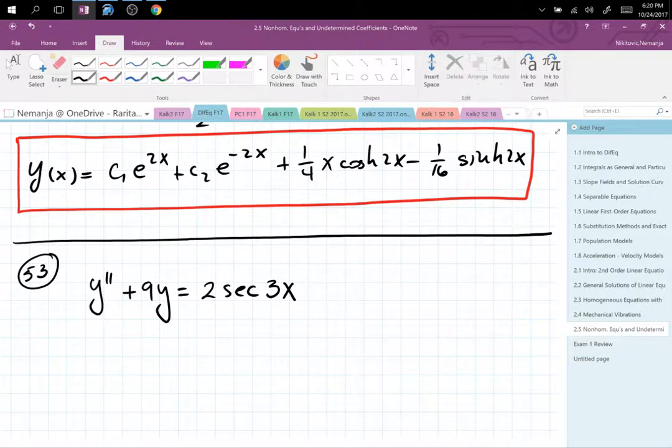Oh, we gotta take a derivative. What is it?